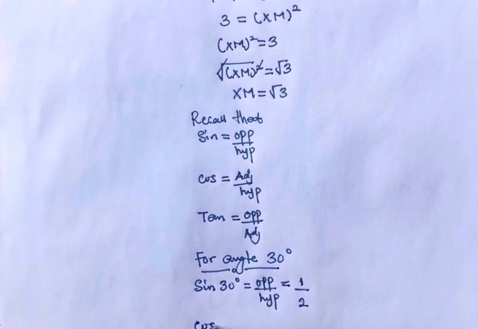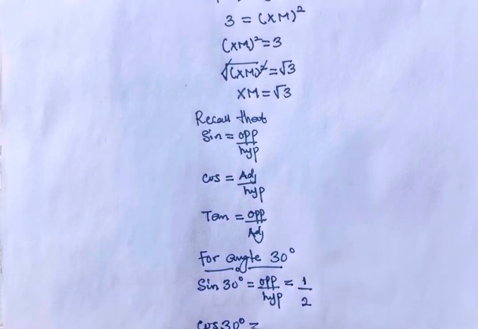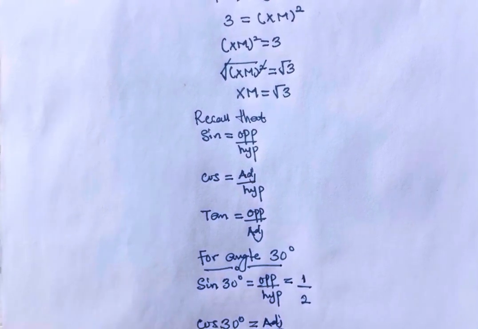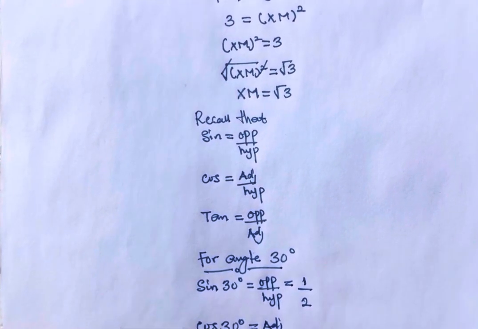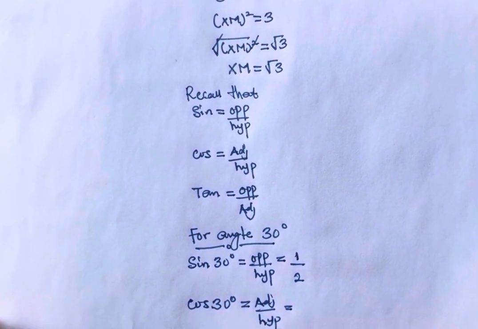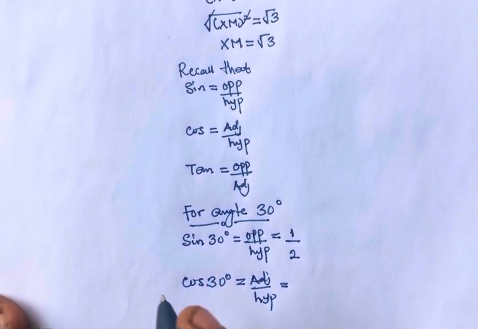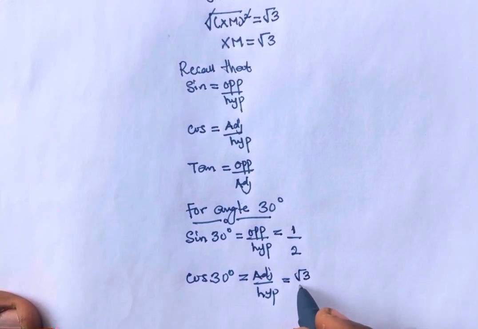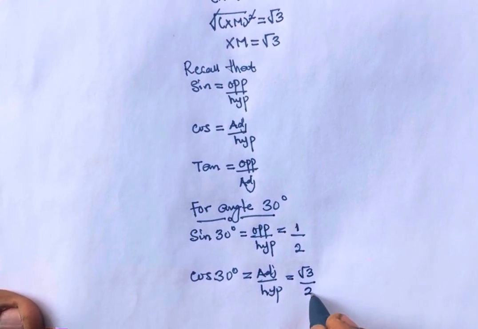Also, our cos 30 degree is equal to adjacent over hypotenuse. What is our adjacent for angle 30 degree? That is root 3 over hypotenuse, 2.